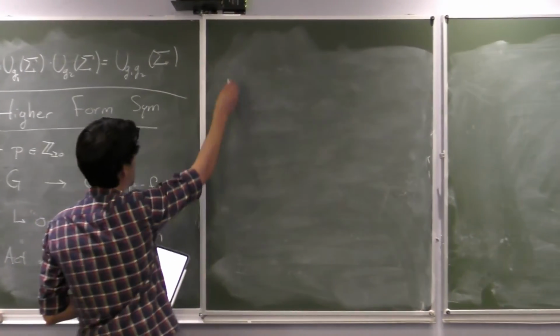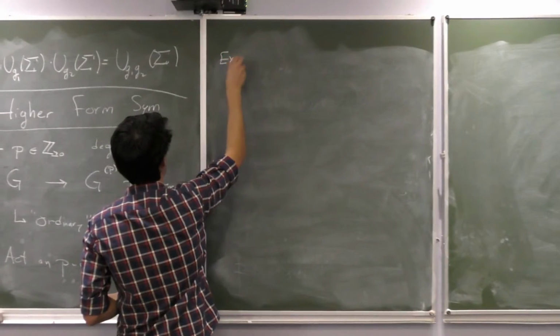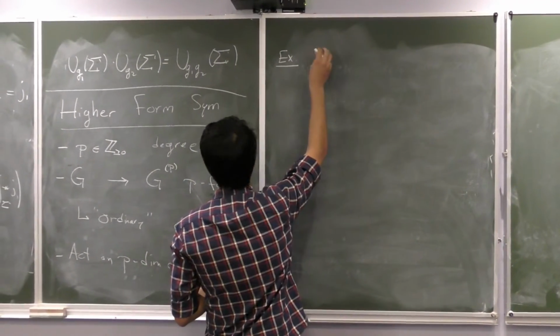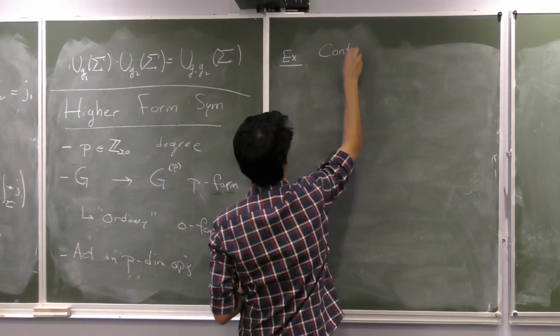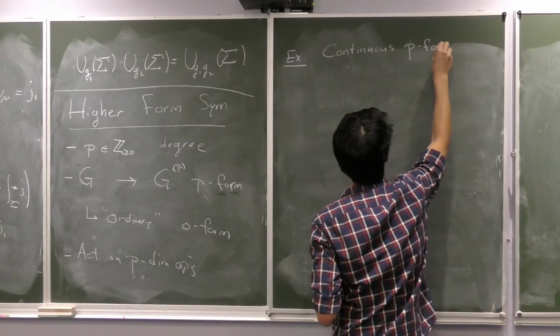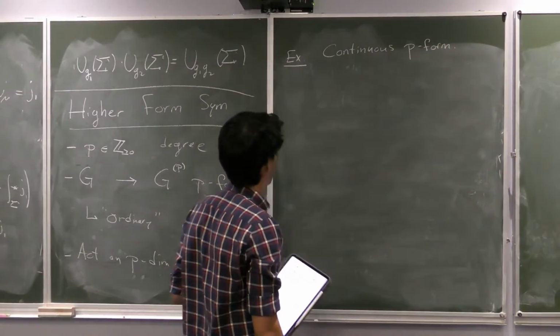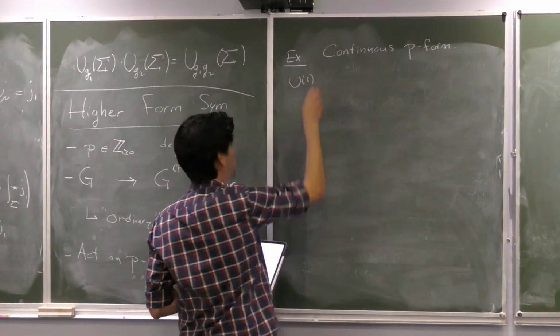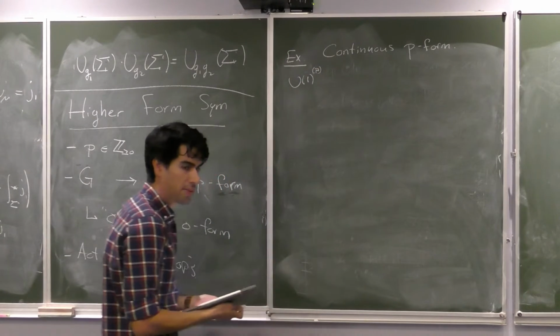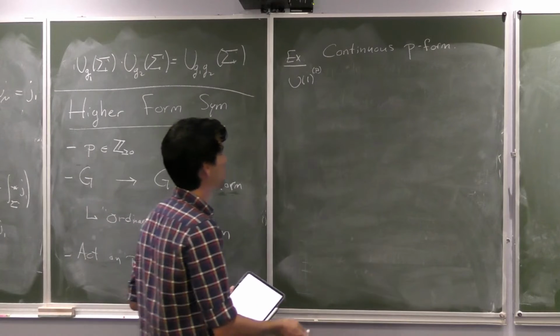So maybe it's actually better to have an example before we get started. We're dealing right now with continuous P-form symmetries, and we'll generally just take this to be U1. And you'll see soon that it has to be U1 or a product of U1s.